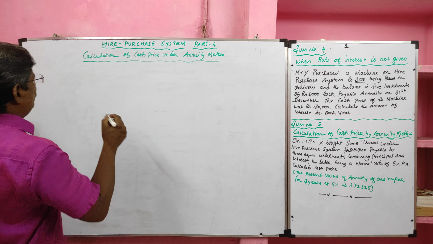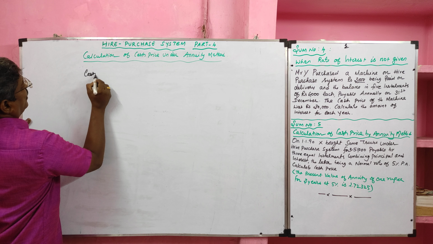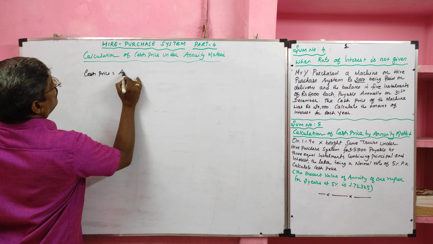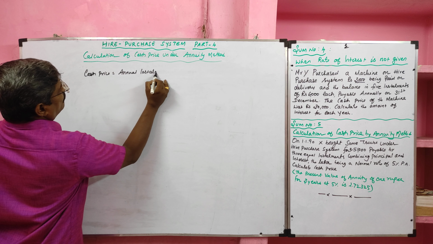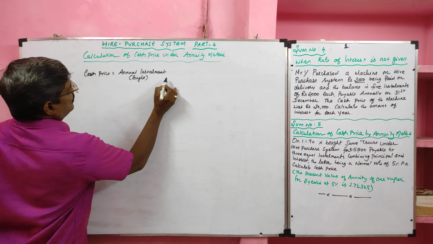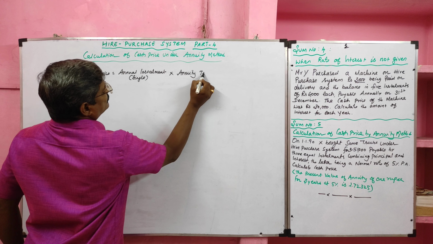First, we have to write the formula for cash price. Cash price formula is annual installment, taking a single year's installment, multiplied by the annuity table which is given in the question.